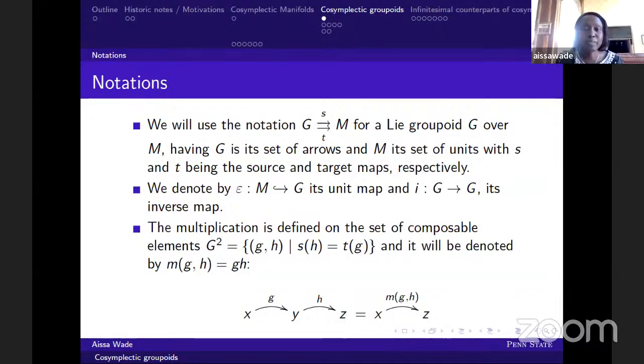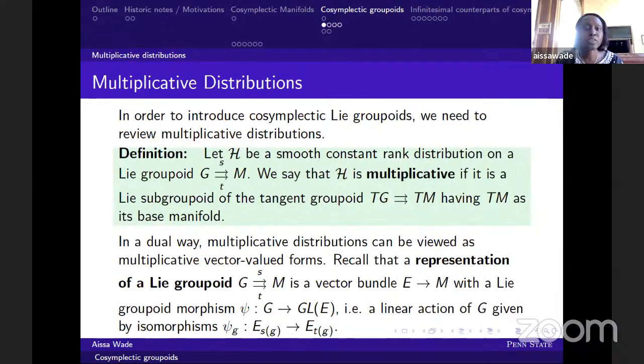Okay, so I'm going to skip this. These are the usual notations for a groupoid, just to fix the notation. Now, in order to introduce these cosymplectic groupoids, I will need to review what we call multiplicative distributions. So what is a multiplicative distribution on a Lie groupoid?